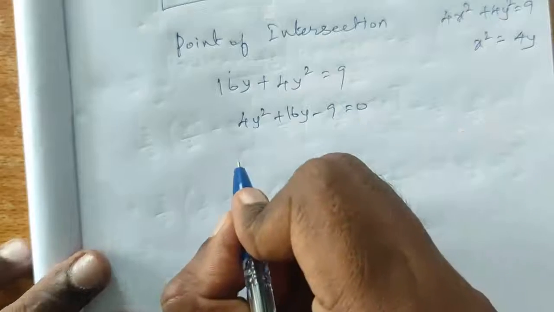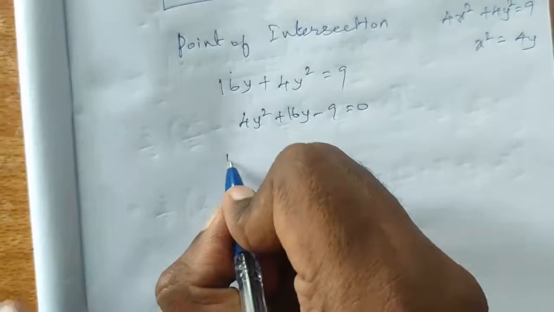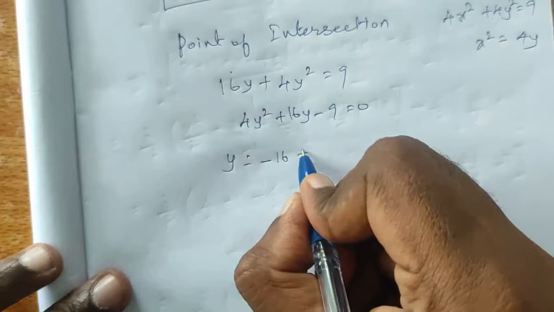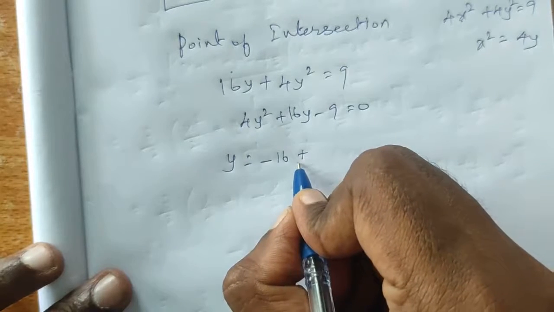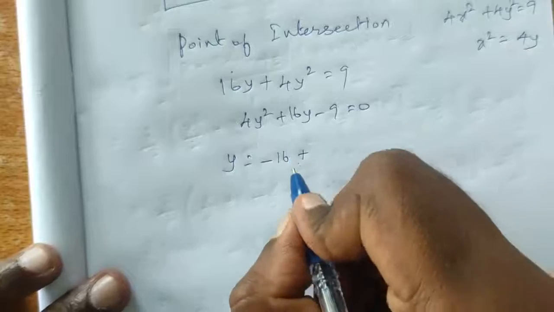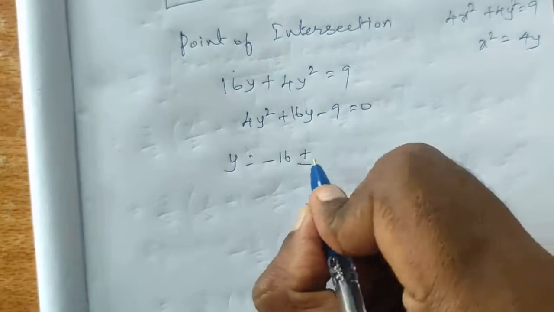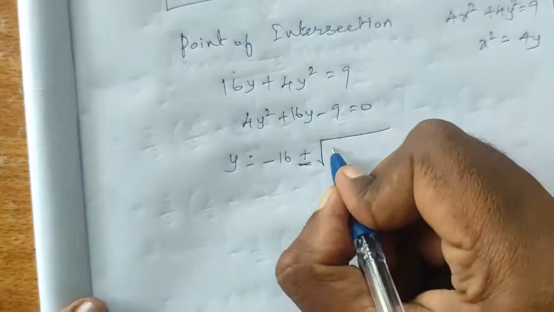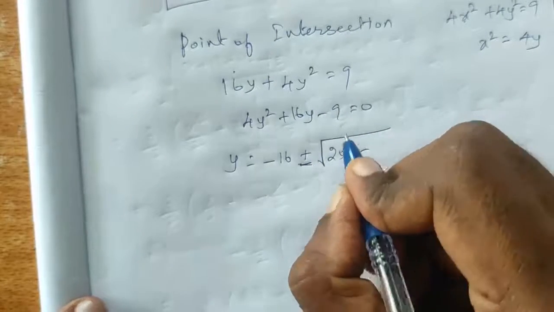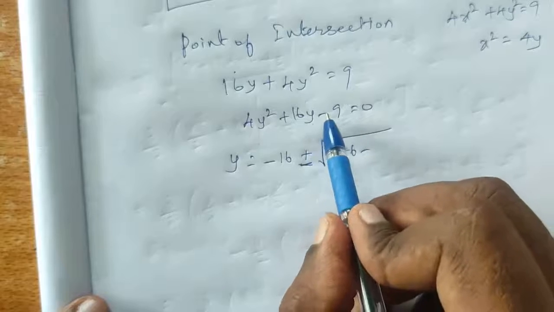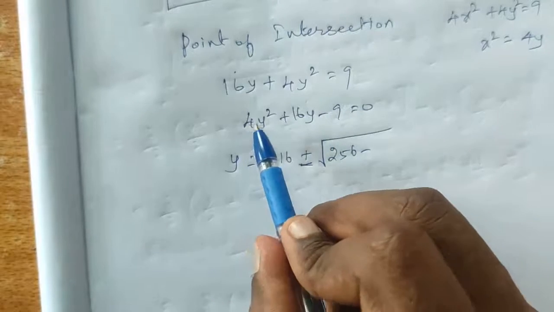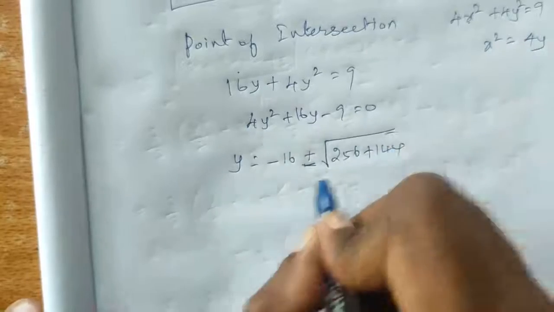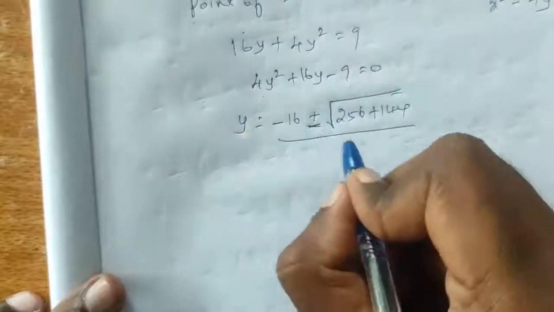So we can find the value of y by the help of formula. Y is equal to minus b plus or minus root of b square minus 4ac by 2a. We cannot get the factors here. So minus 16 plus or minus root of b square, 16 square, 256, minus 4ac, minus 4 into minus 9 into 4, so plus 144, divided by 2a, 2 into 4, 8.